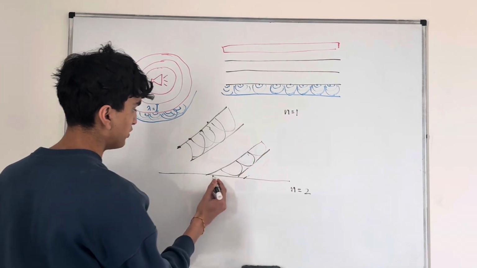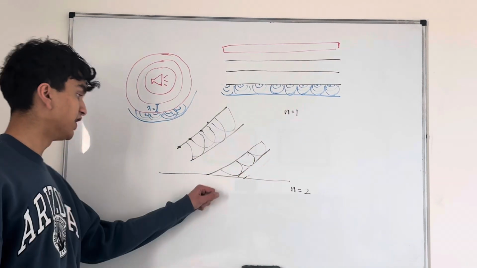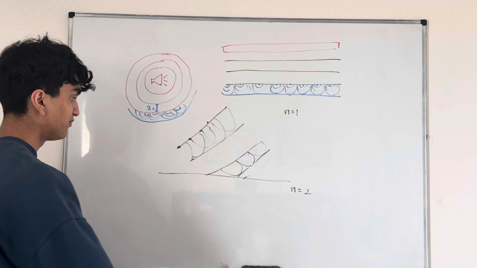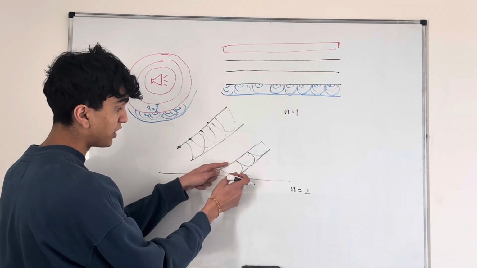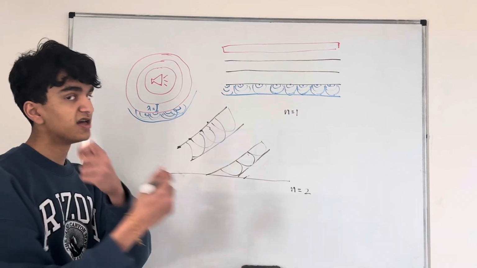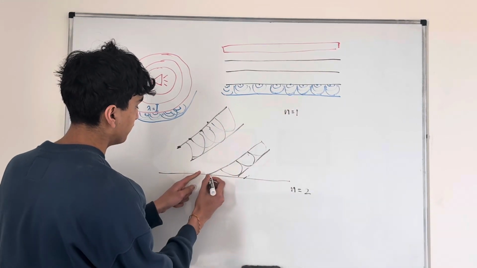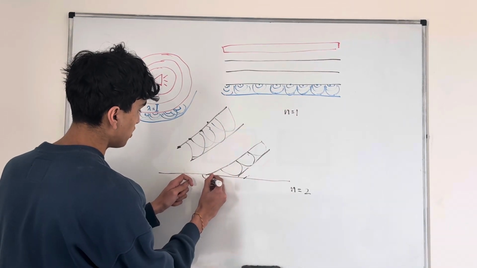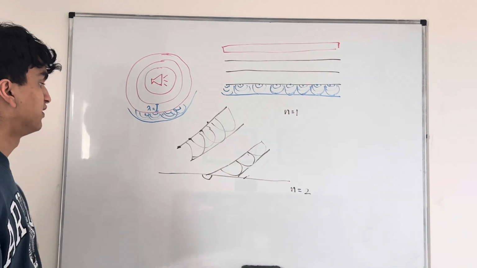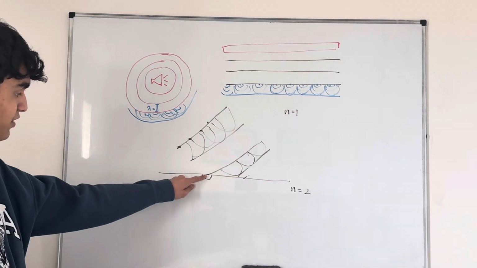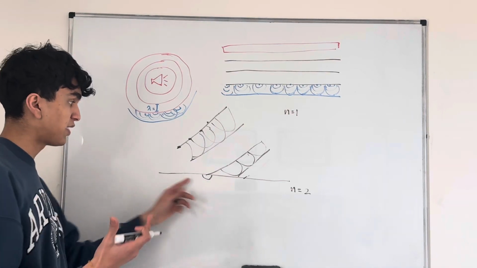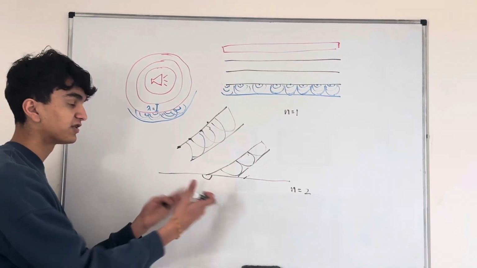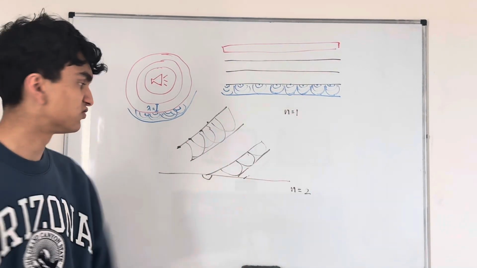But here the waves propagate slower. So the wavelet formed after a certain amount of time, t, the distance would be smaller here because this wavelet is propagating at a slower speed. In the same amount of time, it's not going to have traveled as much distance. It's not going to have grown as much.